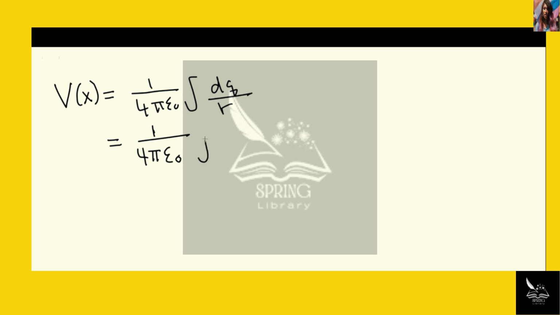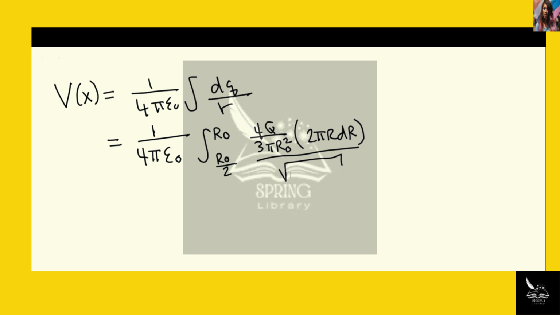So we can do this integral in the radius of our disk from r naught over 2 to r naught. And we have 4Q over 3 pi r naught squared times our 2 pi r dr element. This is our small charge element. And for the distance from the charge to our point of interest on the x-axis, the distance between them should simply be the square root of x squared plus r squared.